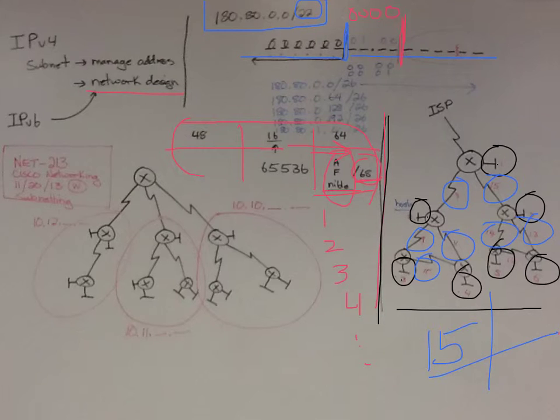So those are all zeros. It's going to be a slash, we got 24, 25, 26. So it's going to be a /26. So we have all zeros there. So the first network address would be this one right here: 180.80.0.0/26. It might be a little hard to see, but that's what it is. Got that from up here.